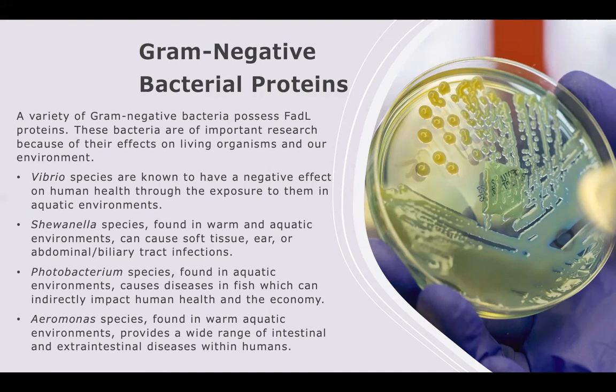Because if the disease has adapted into the fish that are grown in fish farms, then you cannot sell those products to people because that's dangerous. Then we have our Aeromonas species, which are found in warm aquatic environments. This provides a wide range of intestinal and extraintestinal diseases in humans.